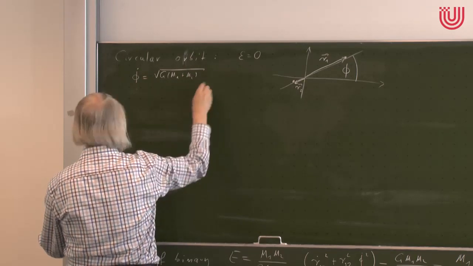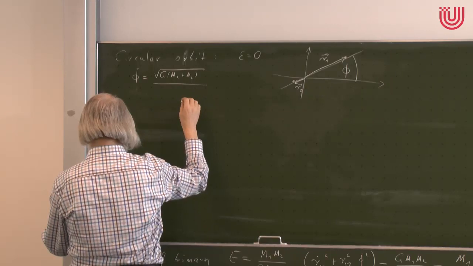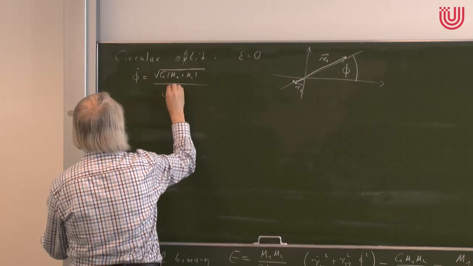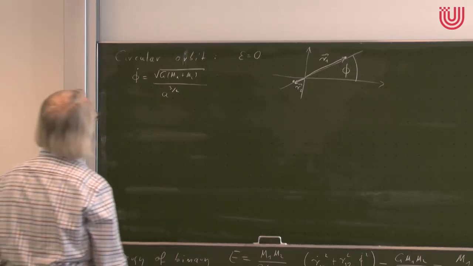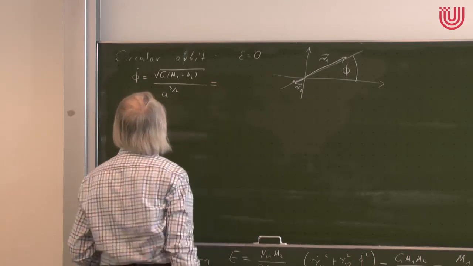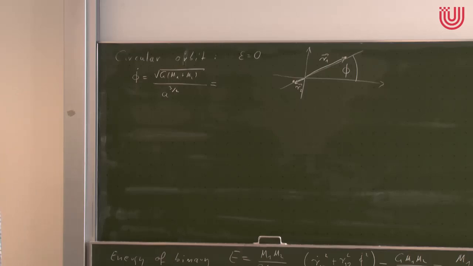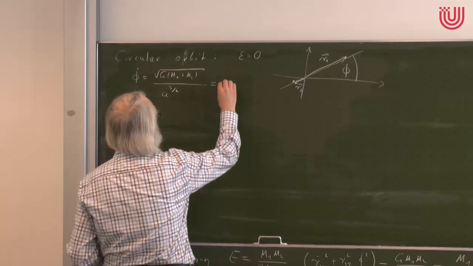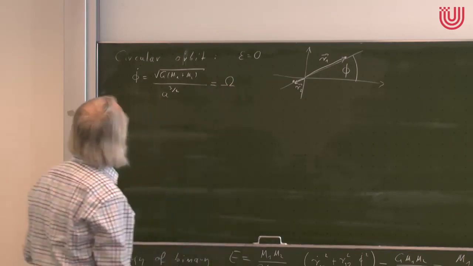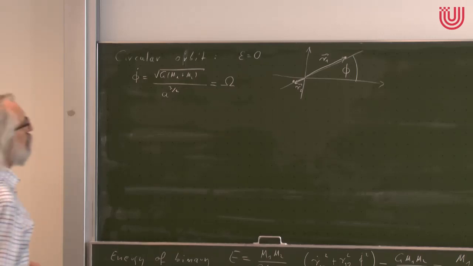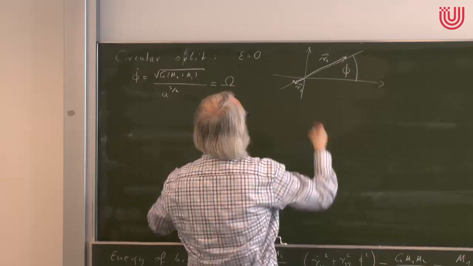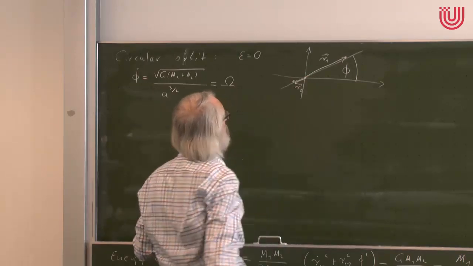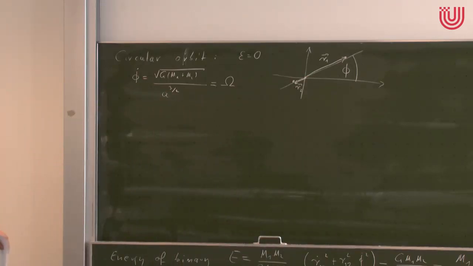Here was a term with epsilon, and here was a to the 3/2 and the term with epsilon. So this is constant now, apart from the adiabatic change, and I will denote this by omega. So I have now a constant frequency with which the whole system goes around. This rotates rigidly about this point with constant frequency. That's the case we want to consider.